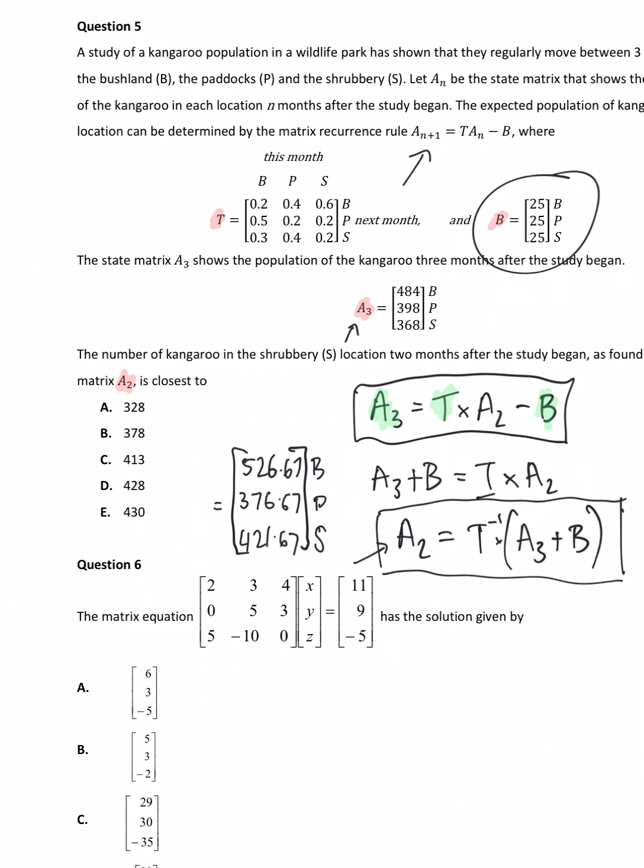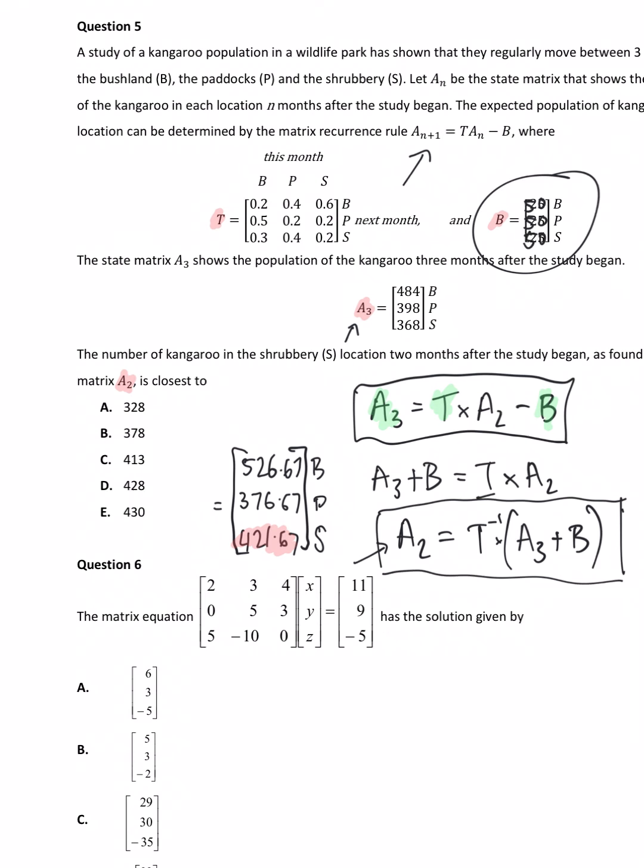So the number of kangaroos in the shrubbery after the 2nd month is this value here. You'll see that's none of our answers, and that's because these numbers are supposed to be 50. If you use 50, you'll get one of the answers.